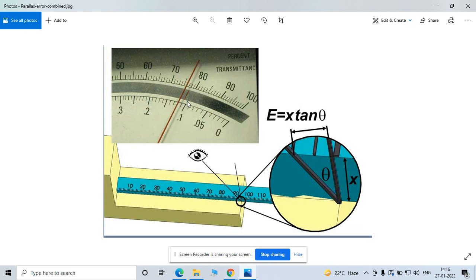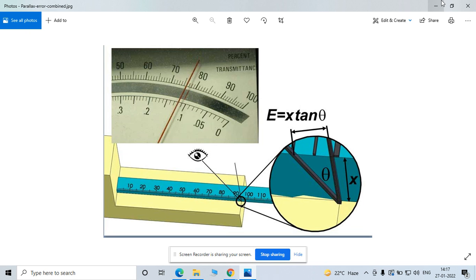When I look at your scale, I observe that this pointer lies on this scale, right? But when you observe in such a way that the pointer and your eye make an angle of 90 degrees, then this shadow will not be visible to you, and you can eliminate this observational error.